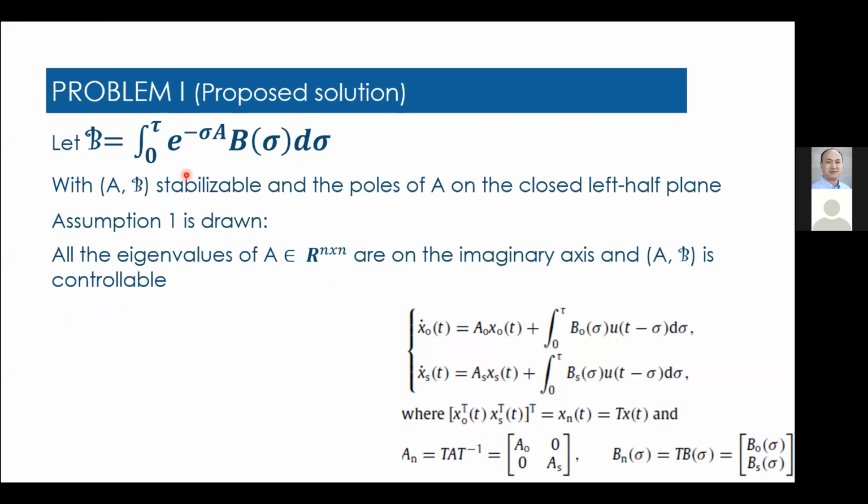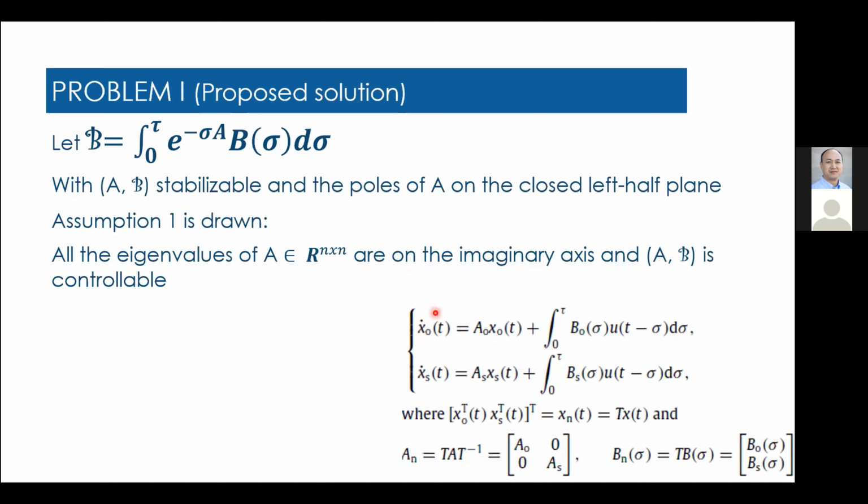Using the fact that A and uppercase B were stabilizable, the system A, uppercase B was stabilizable, and the poles of A being on the closed left half plane, they were able to draw an assumption saying that all the eigenvalues of A are on the imaginary axis, and that the system A uppercase B is controllable.